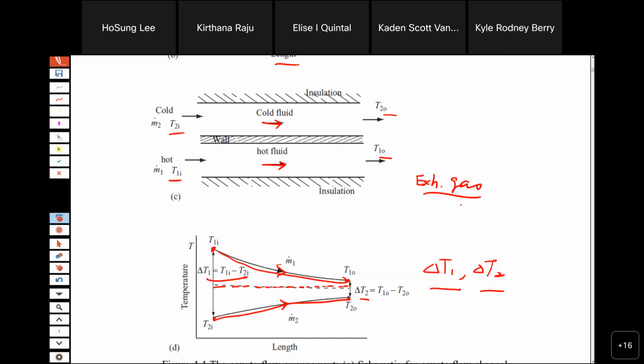we want to avoid condensation. So the temperature is important.